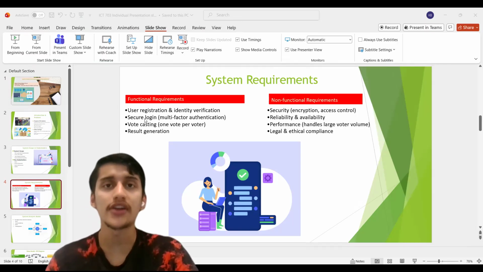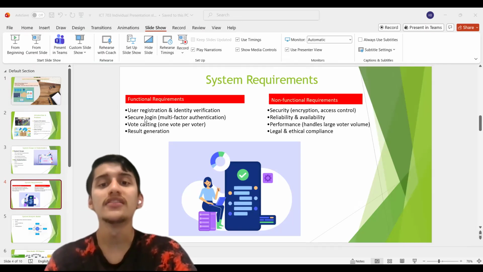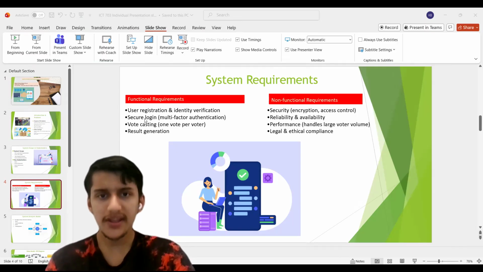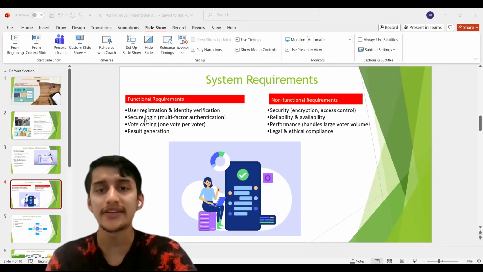Similarly, non-functional requirements focus on system quality such as security through encryption, high reliability and availability, good performance during peak voting times, and compliance with legal and ethical standards. Together, these requirements ensure the system is secure, scalable, and trustworthy.